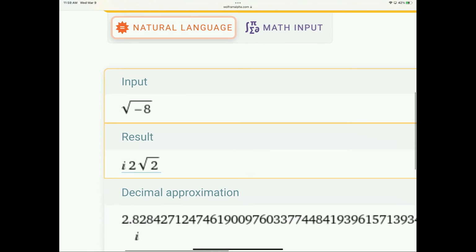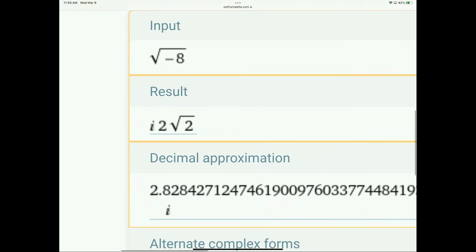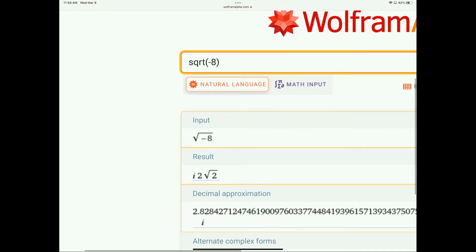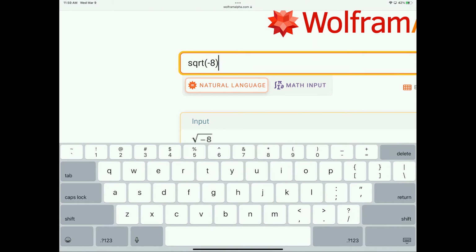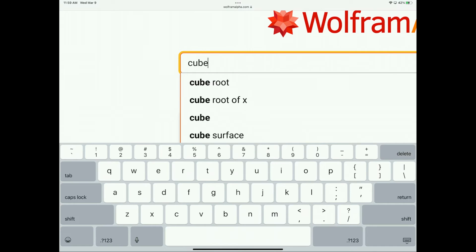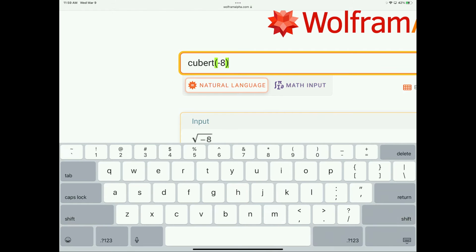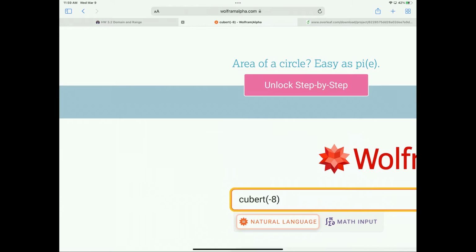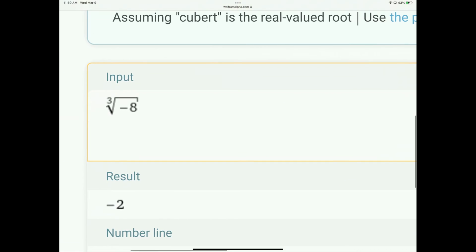Well, it's imaginary, so there's no real answer there. If I change this to a cube root, which you could type in this way, cube root -8, that's just -2.